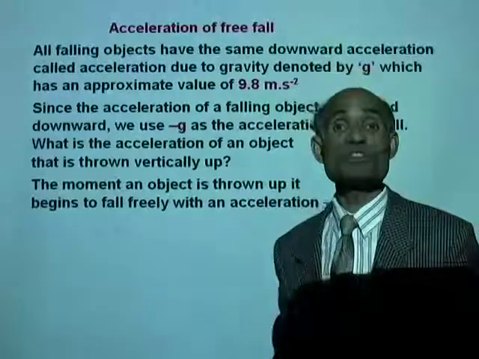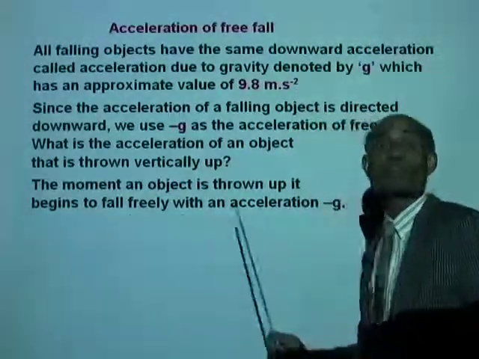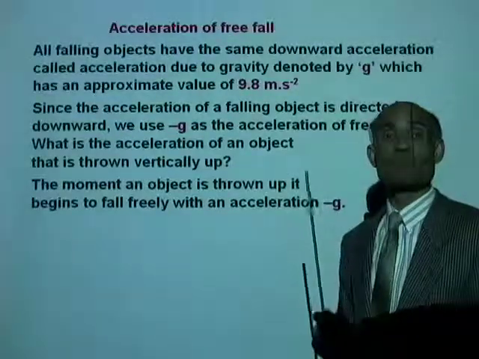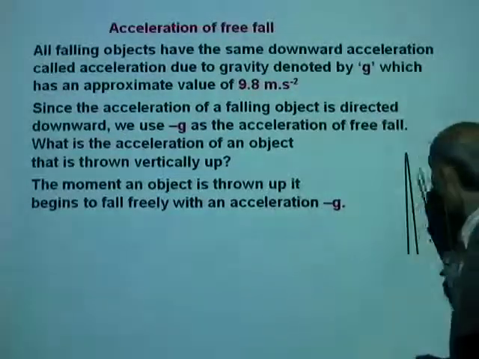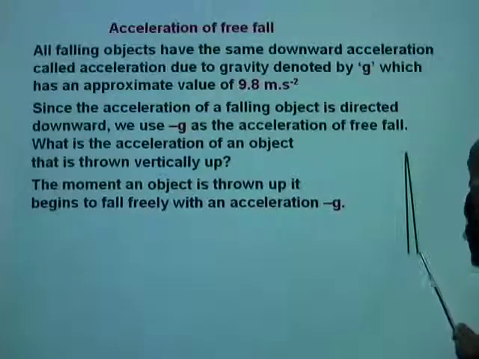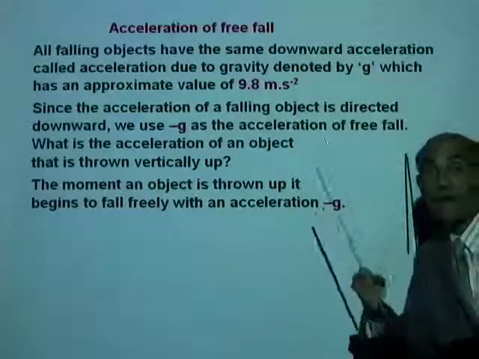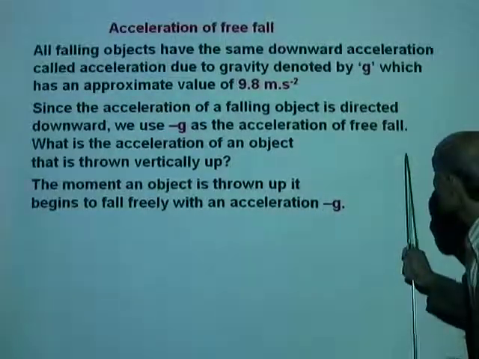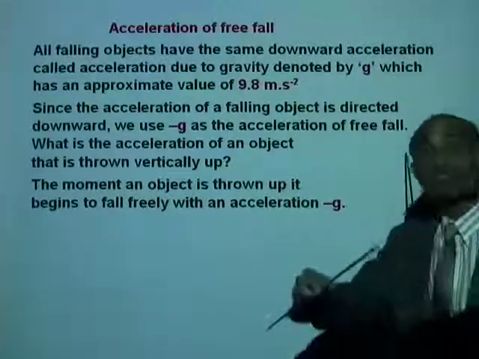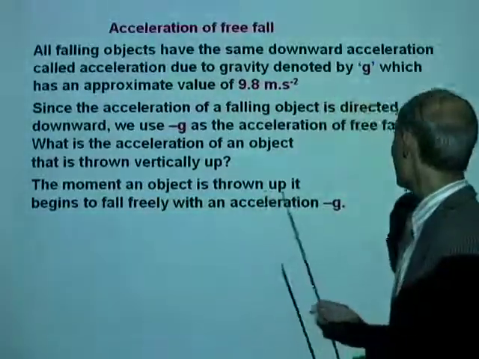The moment the object is thrown up, it begins to fall freely with an acceleration negative g. There you are. You see, as the object is thrown up, the moment it is let go, it begins to fall back. And that is why it stops and then falls back. Its acceleration throughout the journey will be negative g.